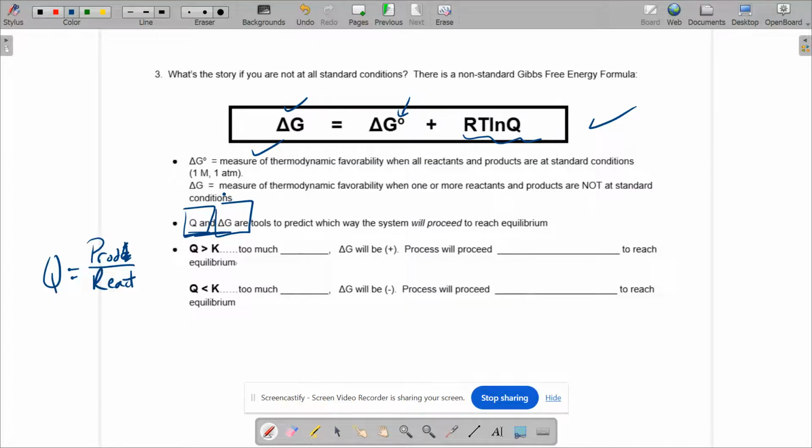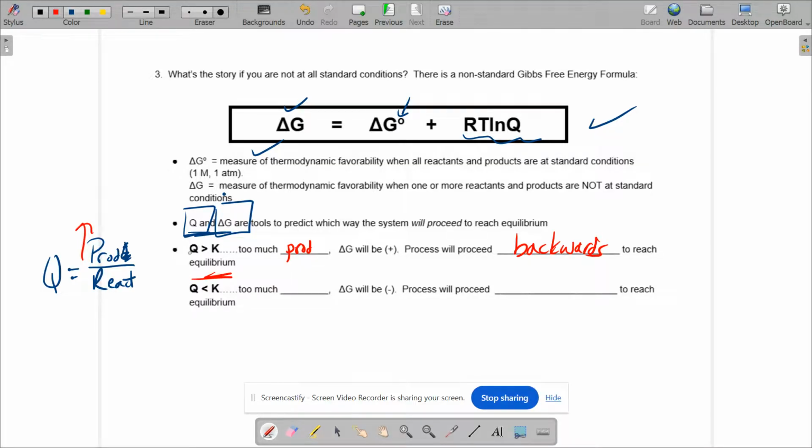If Q is greater than K, then of course you have too much product. To get to equilibrium, you'd have to go backwards, so delta G would have to be positive, because you're driven not to go in the forward direction but in the backward direction. The process will proceed backwards to reach equilibrium.